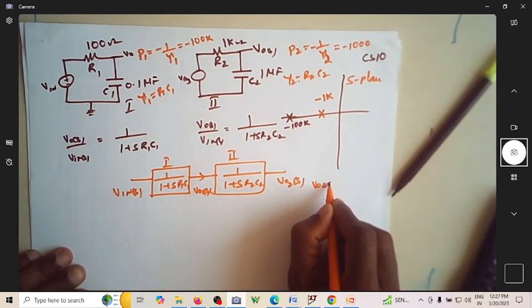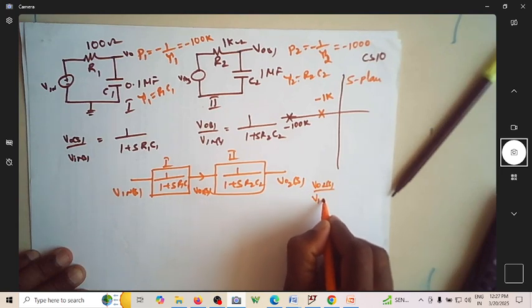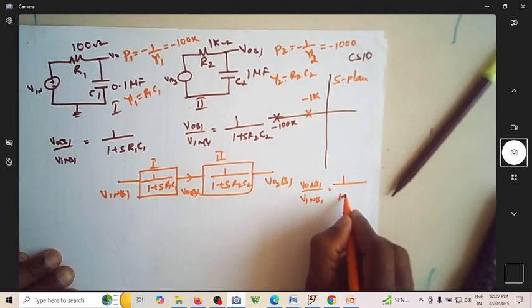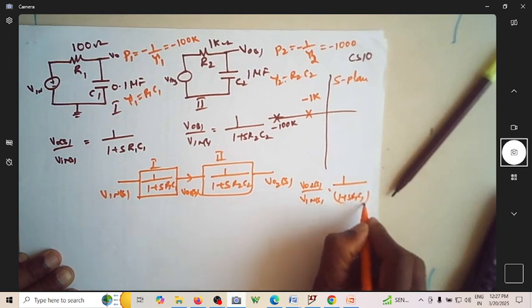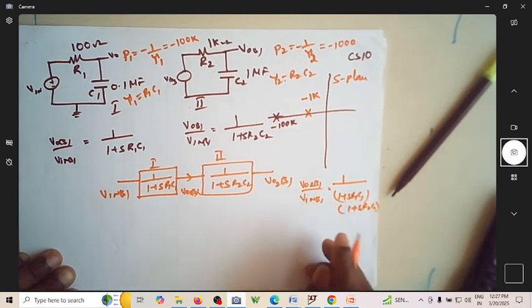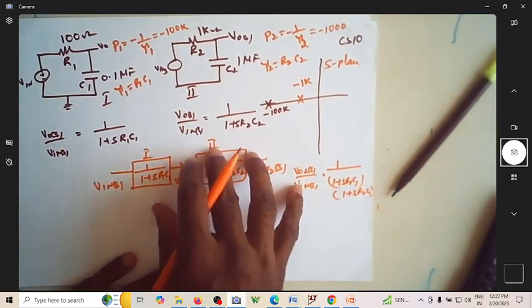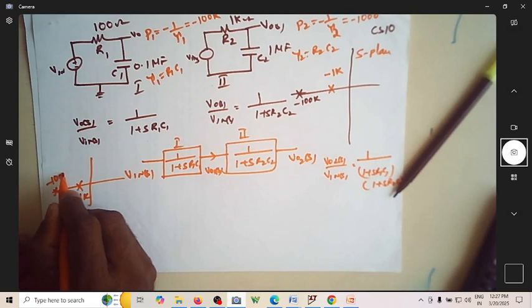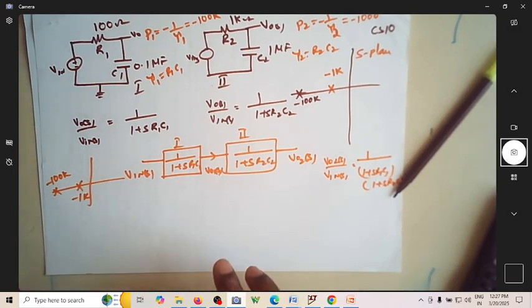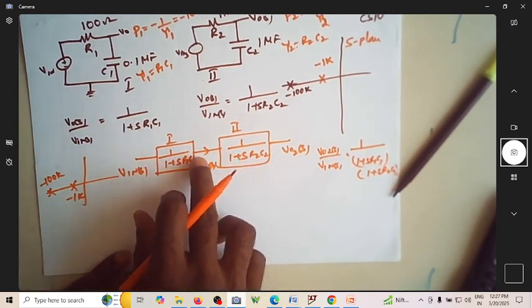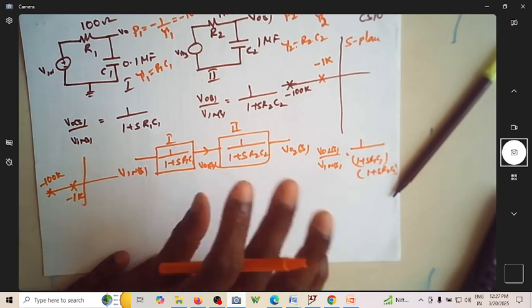V naught 2 of S by V in of S is naturally the product of these, which happens to be 1 over 1 plus S R1 C1 into 1 plus S R2 C2. The overall transfer function will end up with a pole at minus 1k and a pole at minus 100k. This is what is expected if you do a cascade of these two systems in a block diagram.